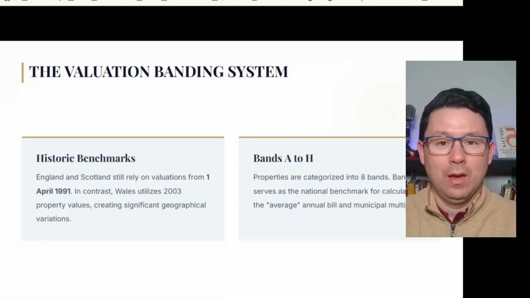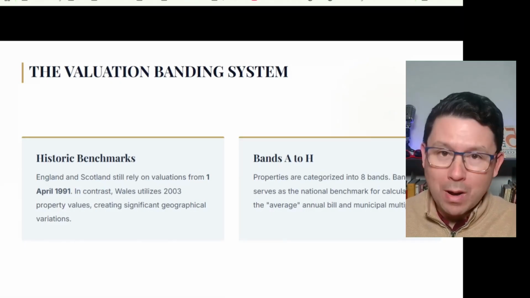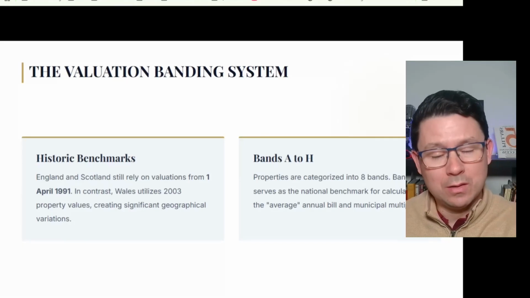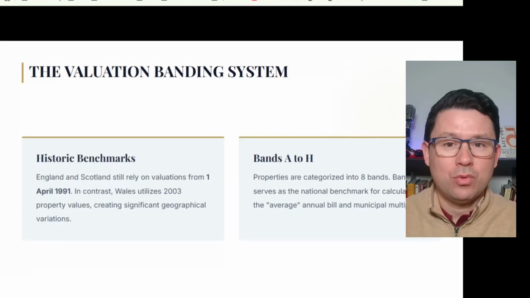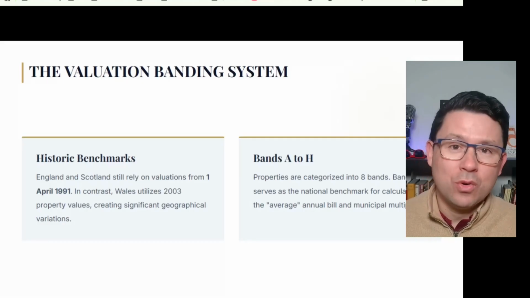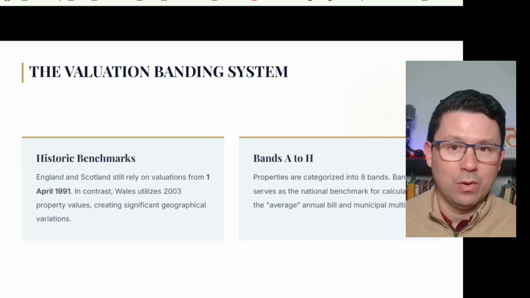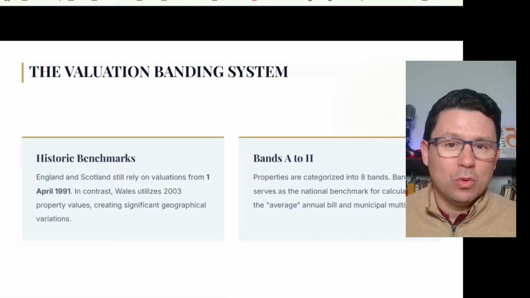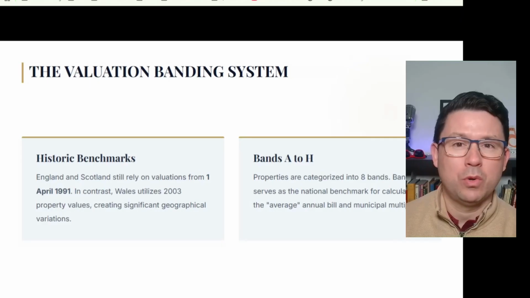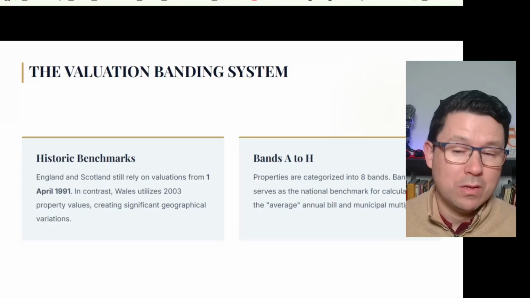These are not market prices, this is valuation at that time. Properties valued within these ranges will have a certain charge. And every year they can increase that council tax up to a certain value, which councils normally try to maximize to cover as much as possible of their costs or expenses, I would say.